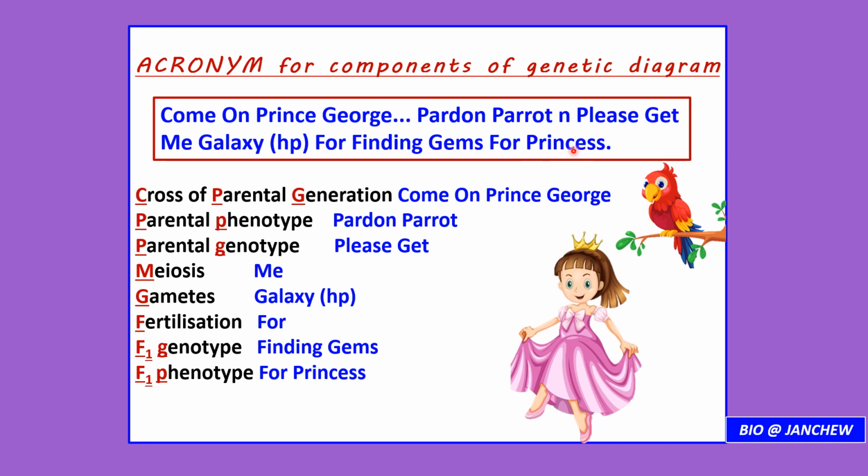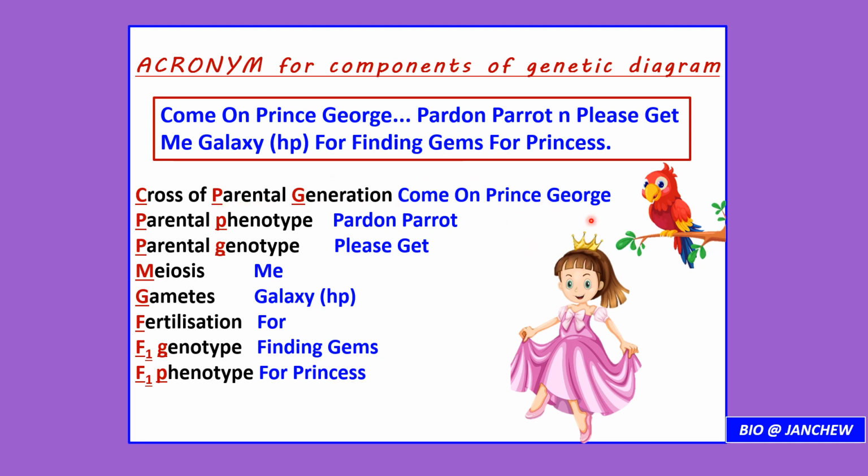for princess. So the come on Prince George, the first letters are C, O, P, G. So it stands for cross of parental generation. You just remember the first letters of this acronym to help you remember the titles.